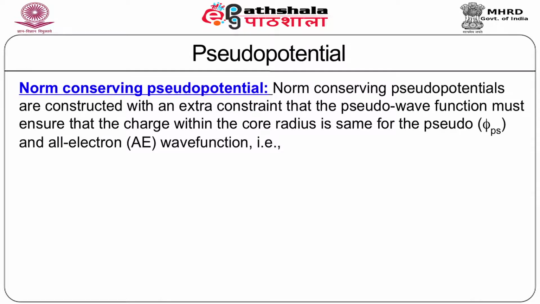Norm-conserving pseudopotentials are constructed with an extra constraint that the pseudopotential or the wave function must ensure that the charge within some core radius, let's say RC, is the same for the pseudo wave function, which we show here as phi ps, and the all-electron wave function, shown as phi AE.